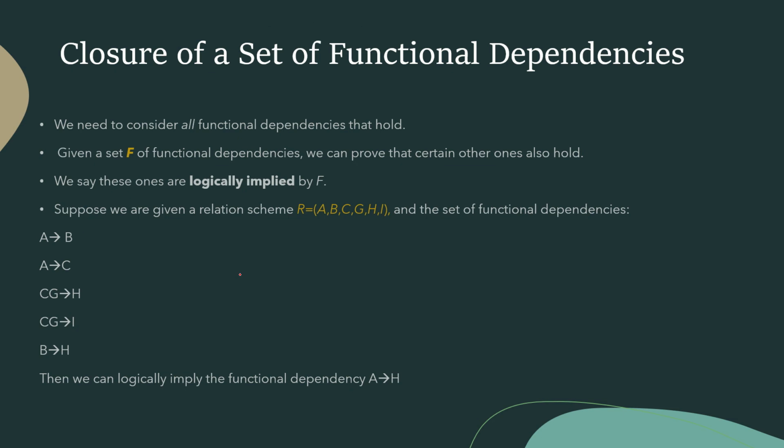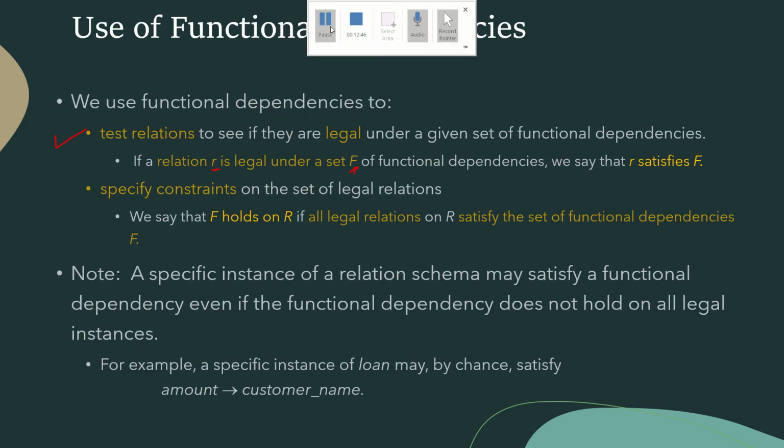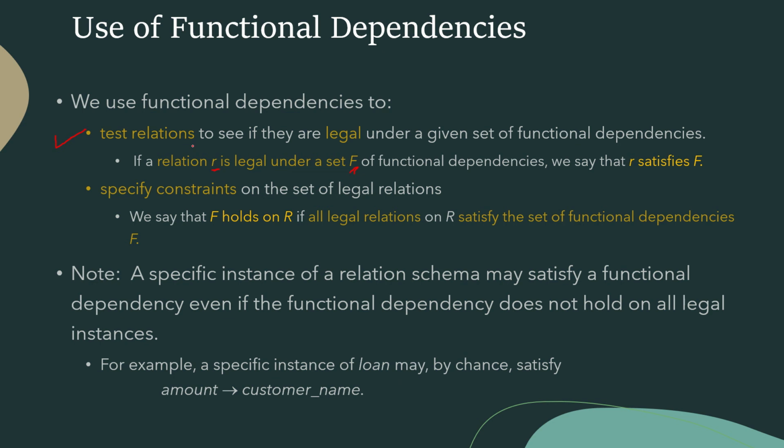So here you can see, suppose we are given a relation R. Let these be the set of attributes. We are going to specify the two uses of functional dependency.